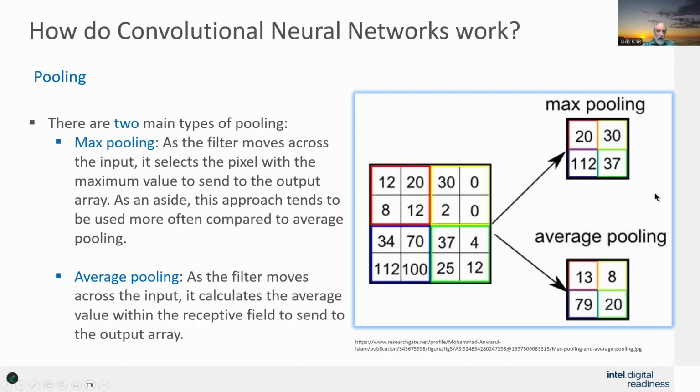So it's kind of truncated or summarized in a sense. Different outputs, if you look at the relative values, are these relative values similar? No, not really, right? Once again, it depends on what your goal is here. And as an aside, this approach tends to be used more often compared to average. So people tend to use the max pooling approach more than they use the average pooling approach.